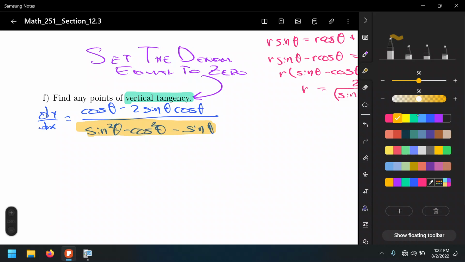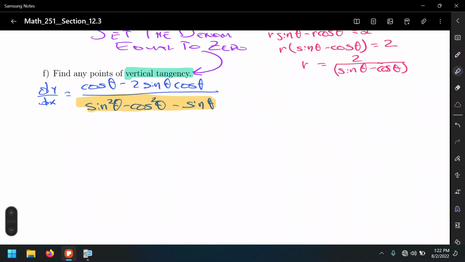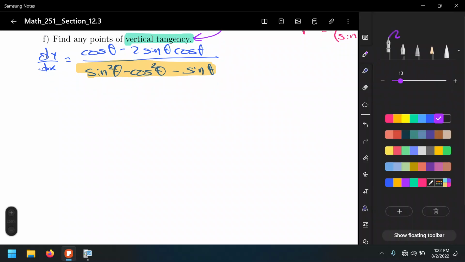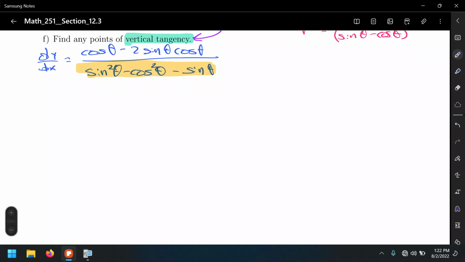Okay, and yes, in this case, this one is going to take a couple minutes, because we will have to use trigonometric identities and do a few algebraic arrangements here and there. So sine squared theta minus cosine squared theta minus sine theta equals 0.